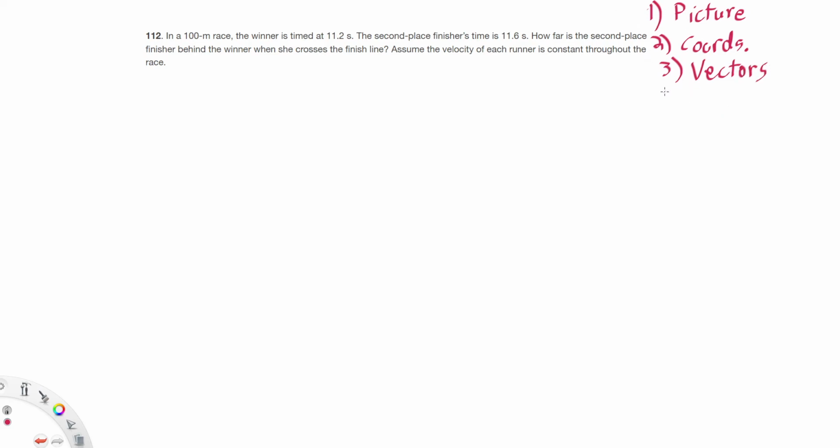Only then are we going to reach into our toolbox and decide what physics might be appropriate to this problem. And then finally, we are going to do the math. All right, so let's draw a picture. A good picture is really essential to understanding what's going on in a physics problem.